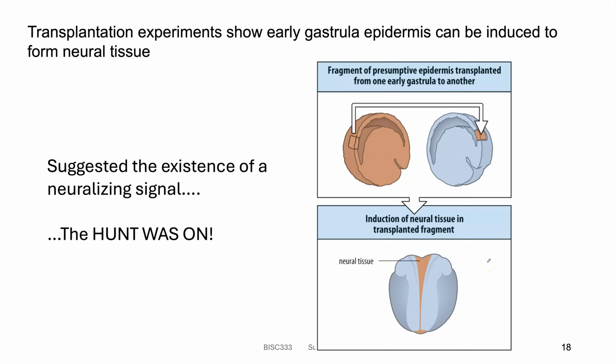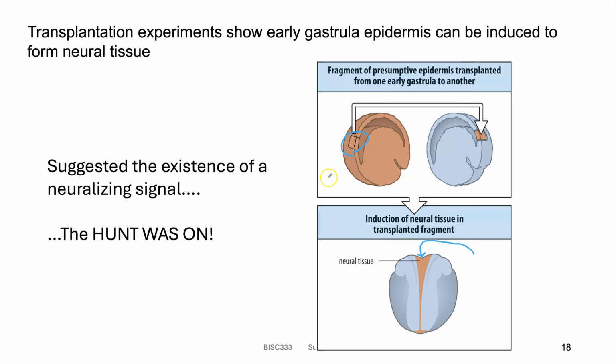And I may ask about that in the class, so think about that in advance so you're prepared for that kind of question. But you can see, in this case, the transplanted cells that were supposed to form epidermis, when you move them into the region where neural tissue is going to form, because it's not all neural tube, take on that fate.